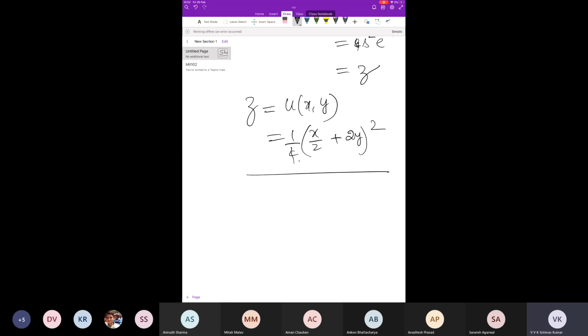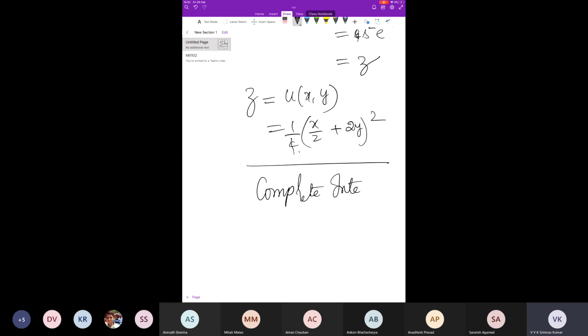So this finishes the lecture, and next there is something like the complete integral. This is what we have to do in the next topic.